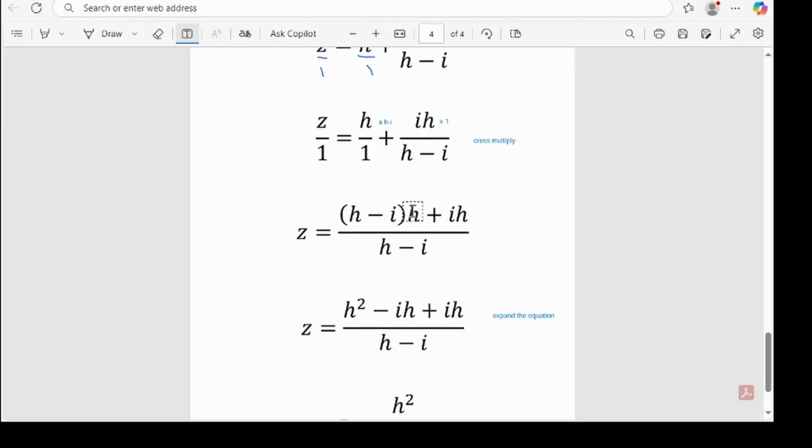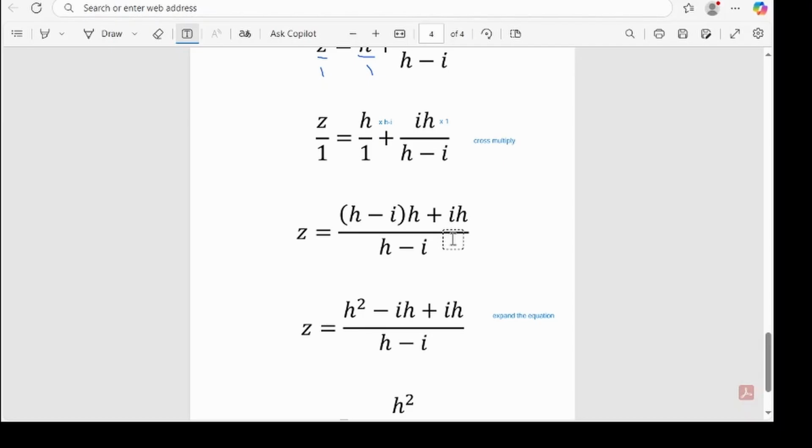Okay, H multiplying I will give you IH, and so we are going to get H squared minus IH plus IH, right? So in all, the equation or the fraction is going to be Z equals H squared minus IH plus IH.